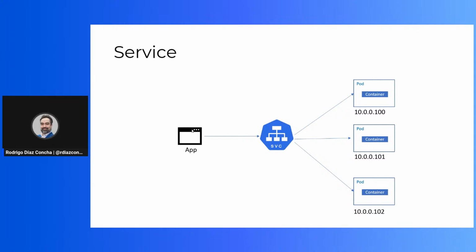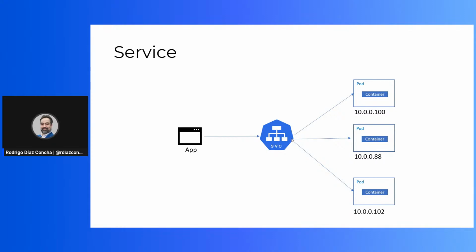So your application communicates to the service, and then the service communicates to the pods that are the backend pods for that particular service, regardless of the IP address of the pods, okay?